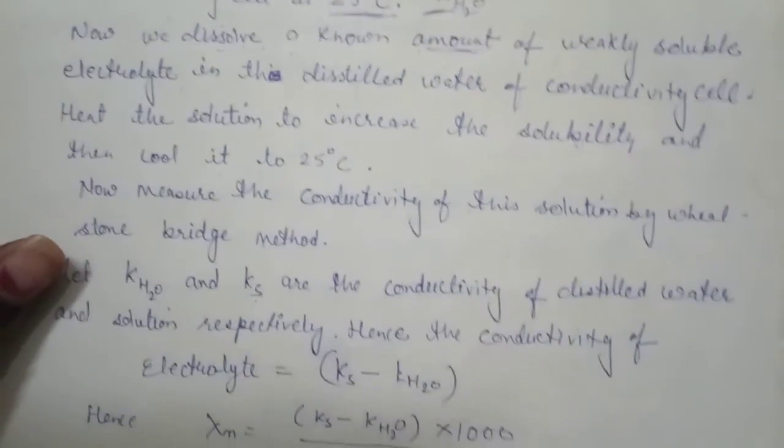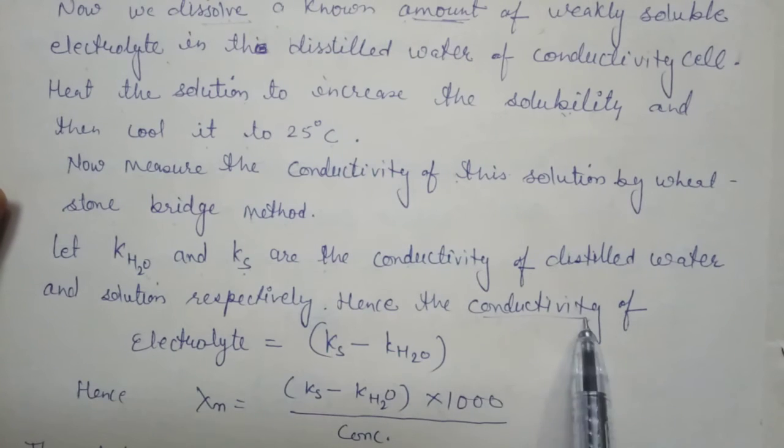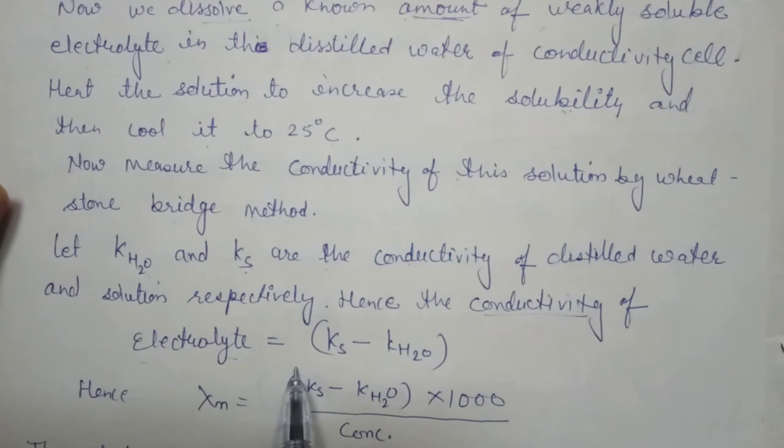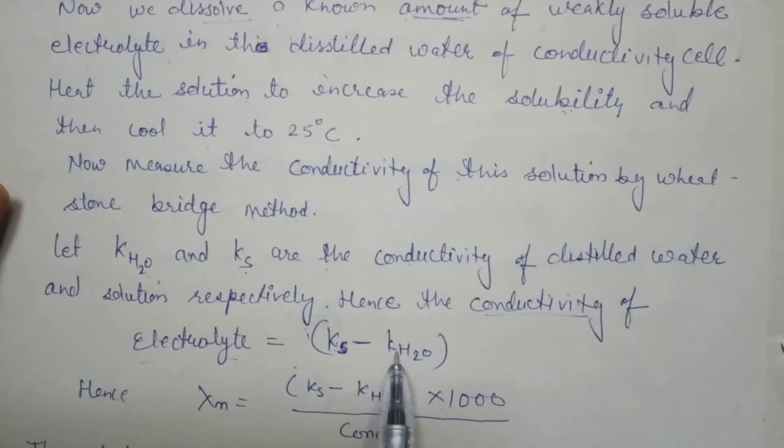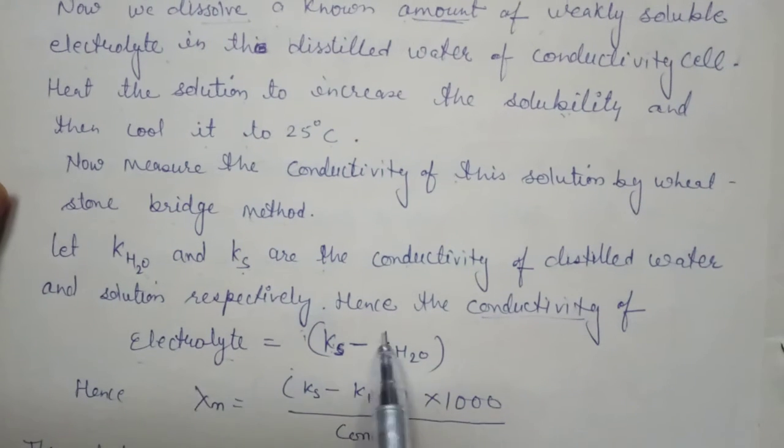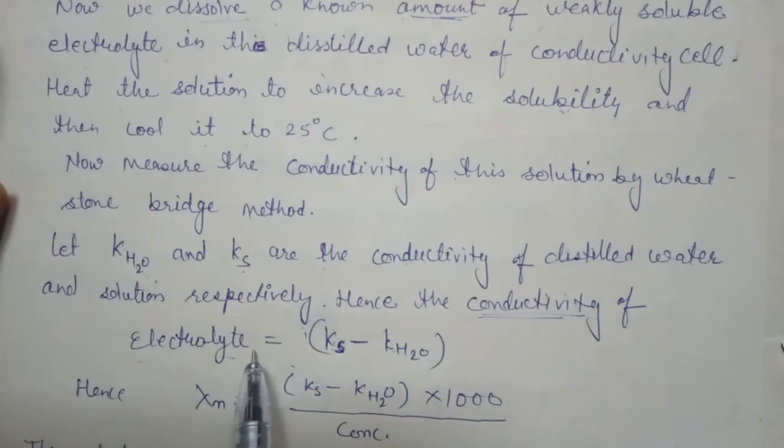The conductivity of the electrolyte can be obtained by subtracting kappa H2O from kappa S. Kappa S is the conductivity of electrolyte plus H2O, and the other is only H2O, so kappa S minus kappa H2O will give the conductivity of the electrolyte.